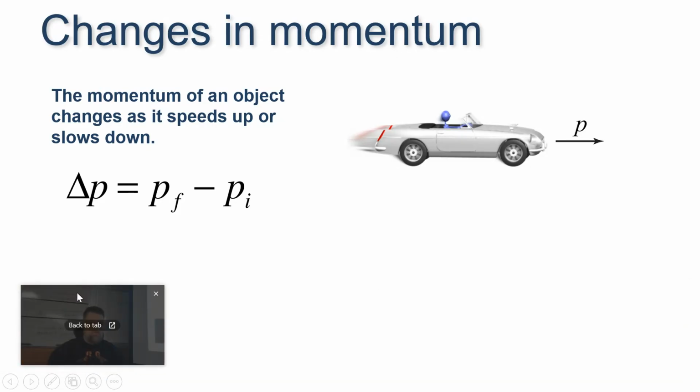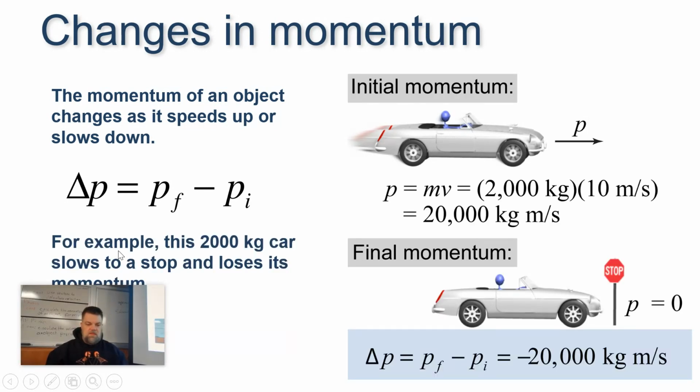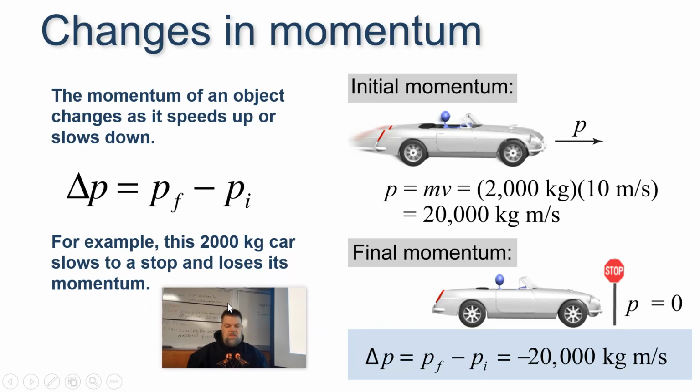Well, the momentum is the velocity times the mass. So when we think of this car, and you need to write all this down, we'll assume that it's 2,000 kilograms is the mass of the car, and it's going at 10 meters per second, okay?